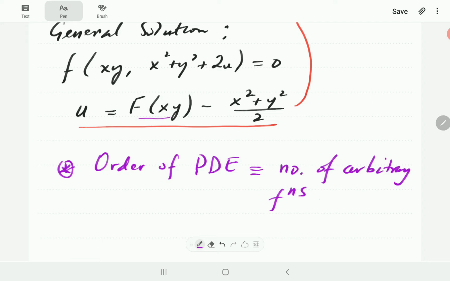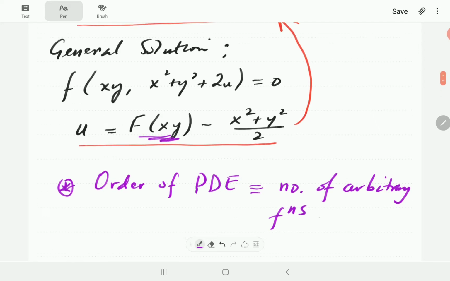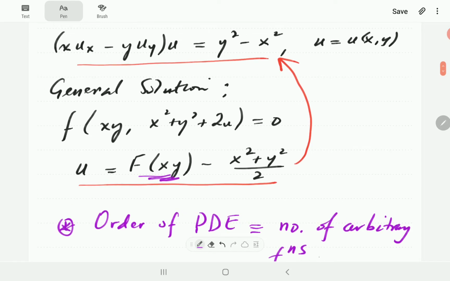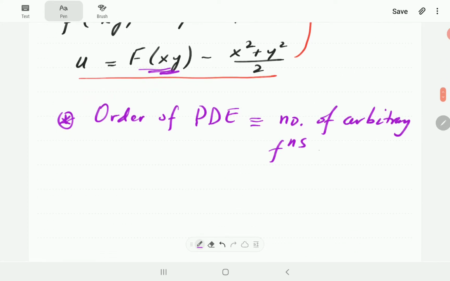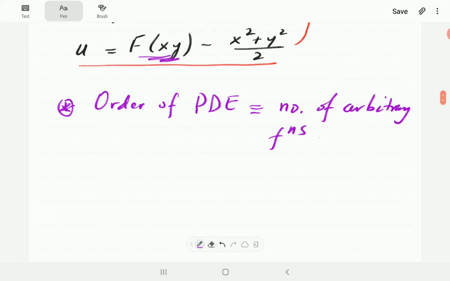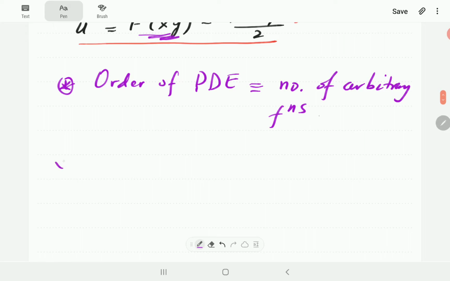So for instance, in this case there is only one arbitrary function, so that's why this PDE is of order 1. And in particular for this video, we're going to focus on general solutions with only one arbitrary function.